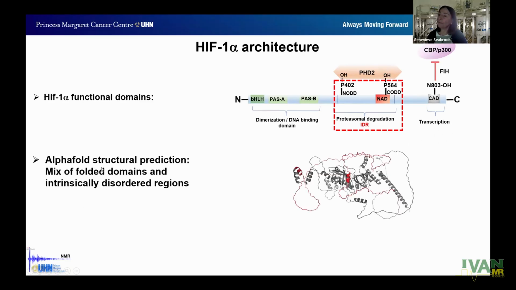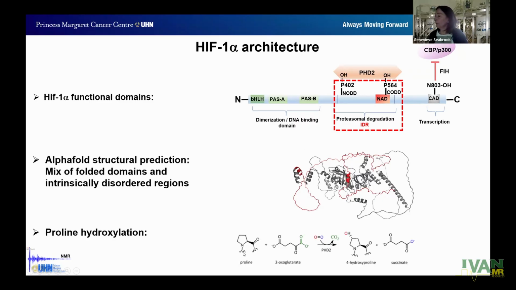If you use AlphaFold, it predicts that you've got some secondary structure elements, but mainly huge, large loops. The region of HIF1 alpha we're going to be talking about is the one colored in red. And you can see it's a very long, disordered region.